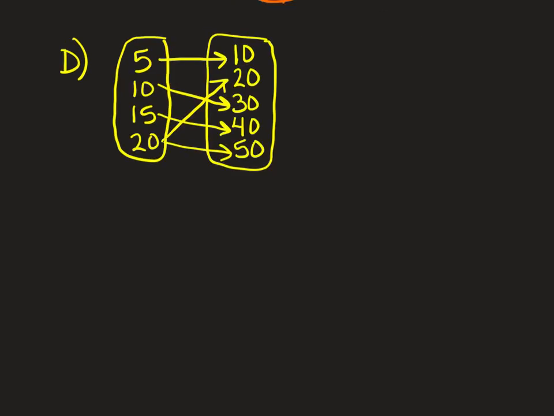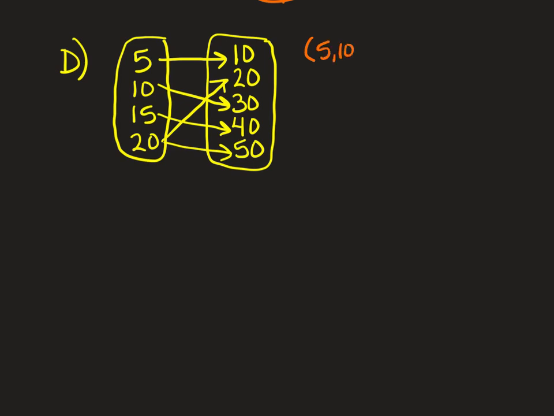D part is a mapping. We don't use these much, but you could see it, and you'll see it when you get into Algebra 1. This just shows what my x values on the left go to for the y values on the right. Now I could look at them as ordered pairs.